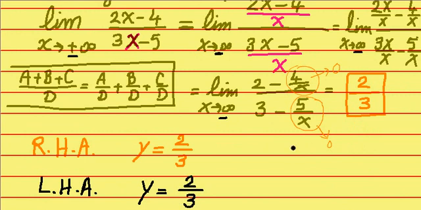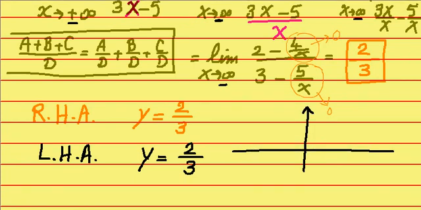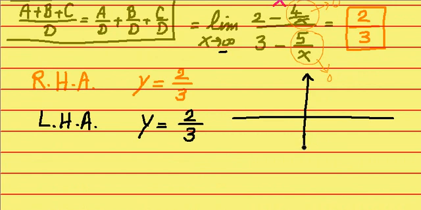What does this mean? It means a crucial piece of the picture of this function has this line in it, y is equal to 2/3.